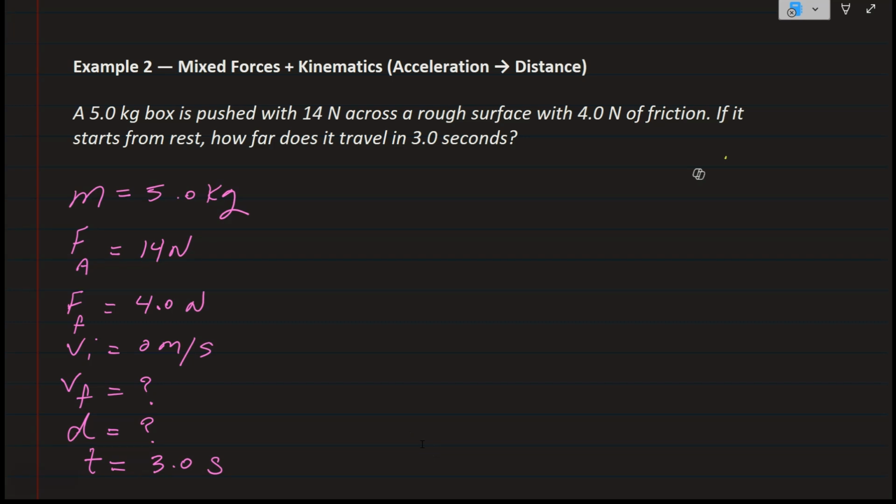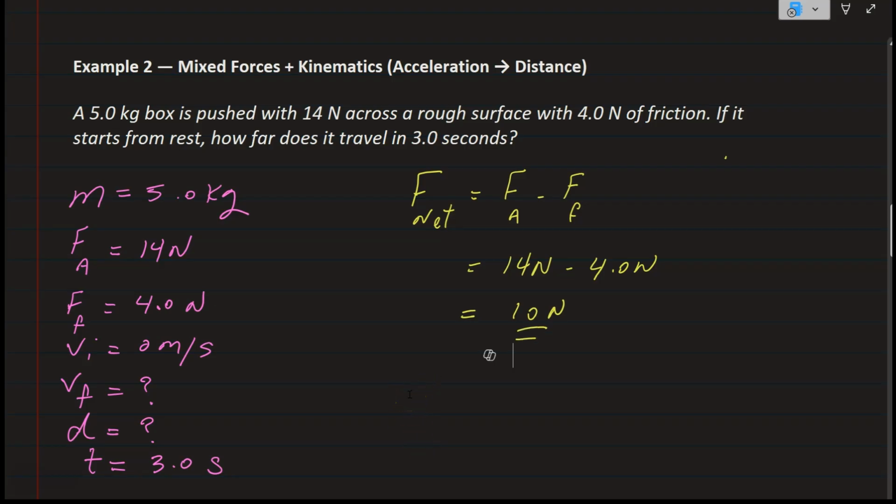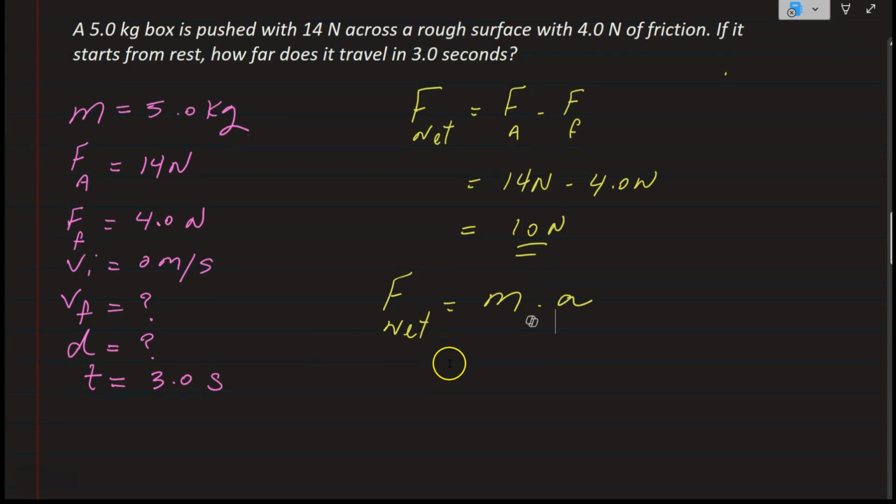First, we have to find the net force. F net is the applied force minus the friction force, so 14 Newton minus 4.0 Newton is 10 Newton. That is the net force. Now we can use Newton's second law, F equals ma, to find the acceleration.